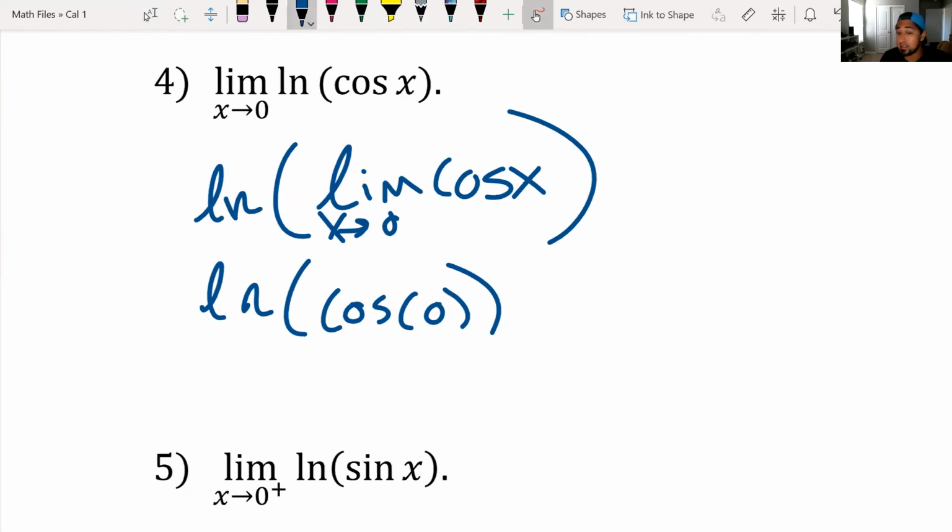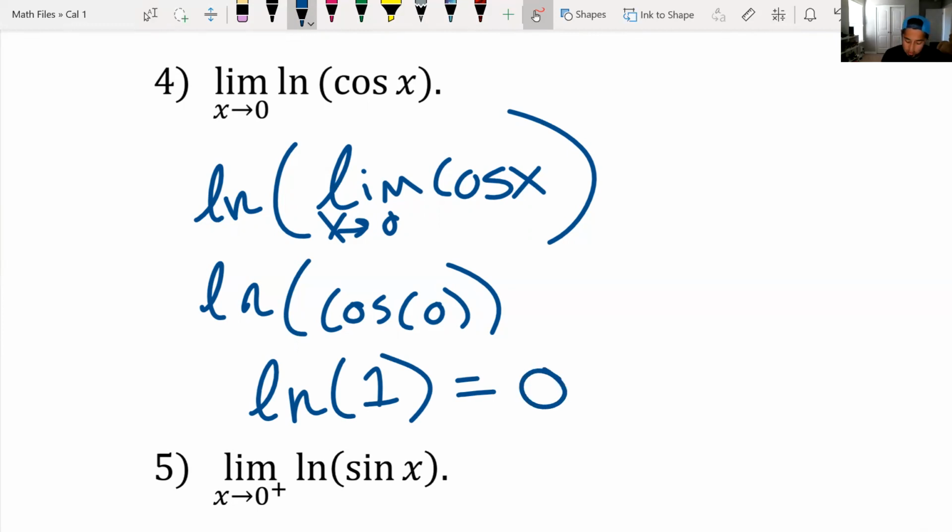And guess what cosine at 0 is? Cosine at 0 is 1. So you'll get the natural log of 1. And if you believe it, the natural log of 1 is just 0. All right, perfect. Well, that one was easy.